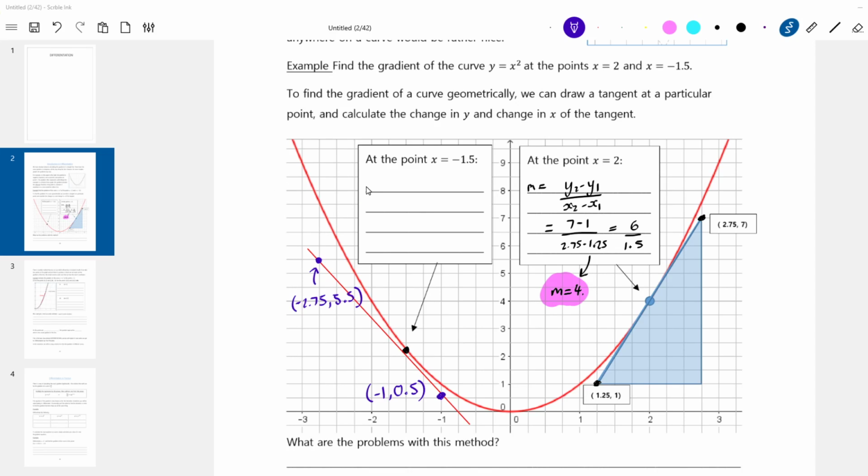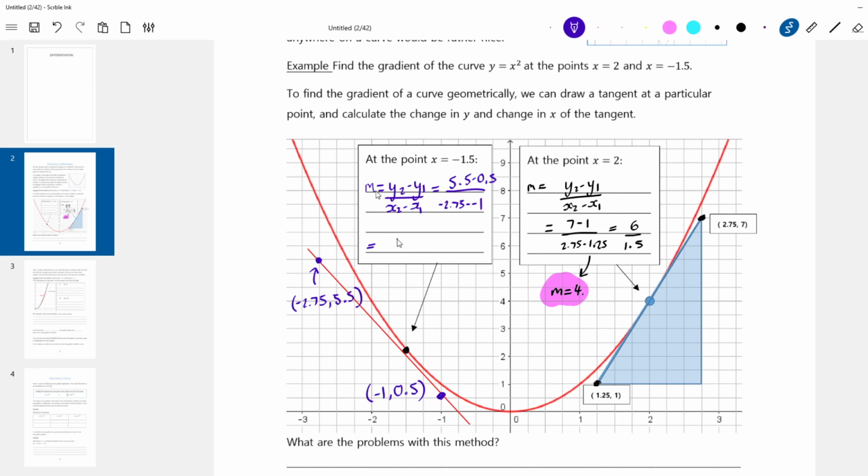So I've got some coordinates, and now I'm going to chuck them into the gradient formula. So I'm going to calculate the change of y and the change of x. My y values are 5.5 and 0.5. My x values are minus 2.75 and minus 1.